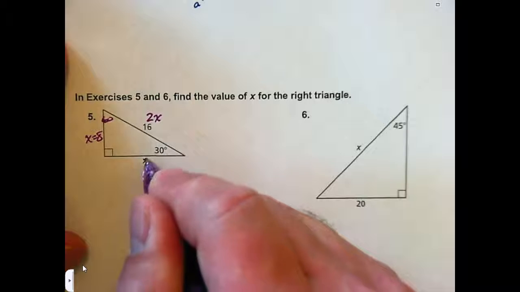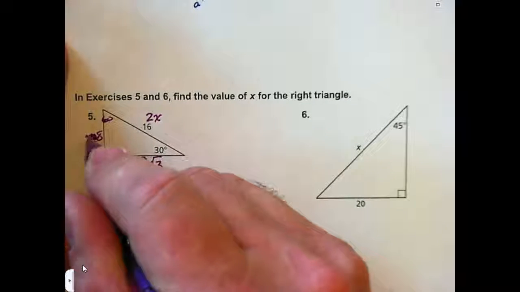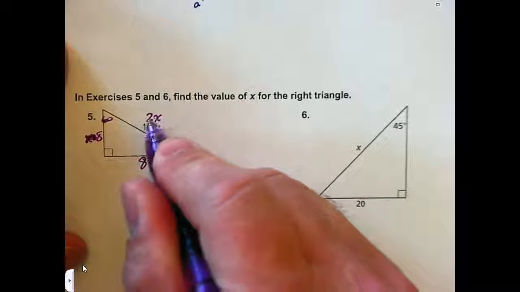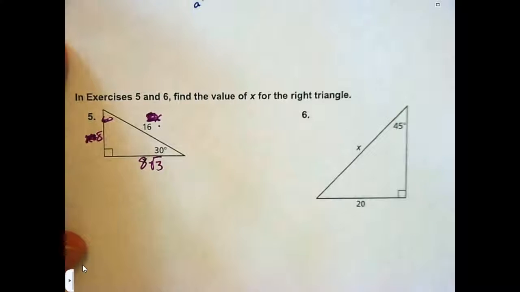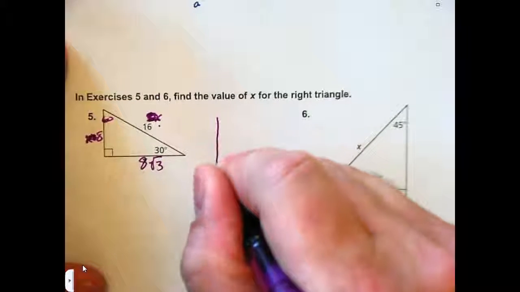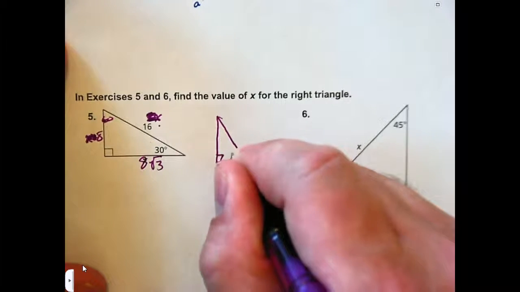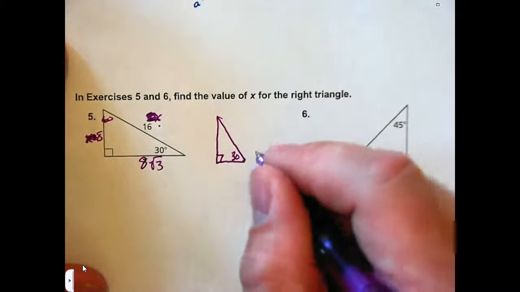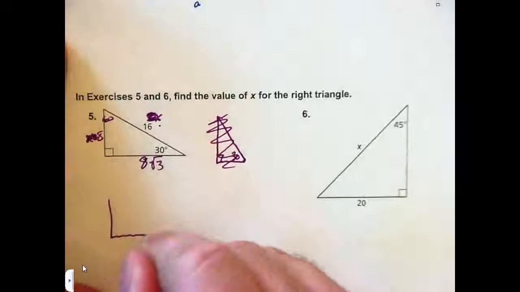I know that says x also, but this side is 8 root 3. So this side, rather than calling it x, is half of the hypotenuse. And this is 8 root 3. So you're thinking of your special right triangle, your 30, 60, 90. If you can recognize those, that will save you a ton of time.